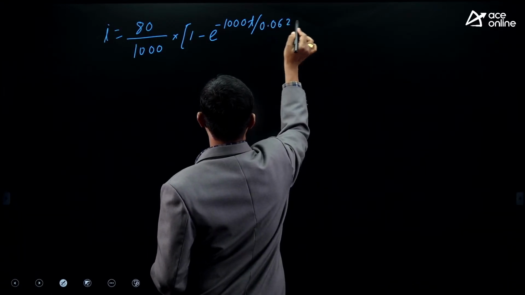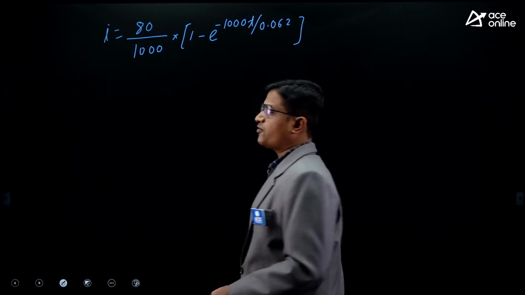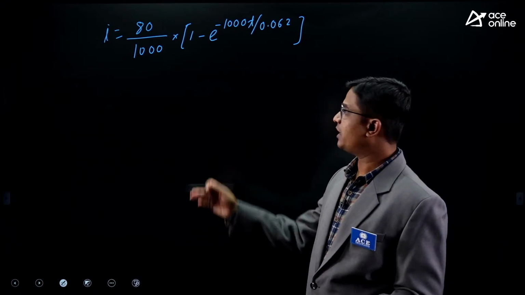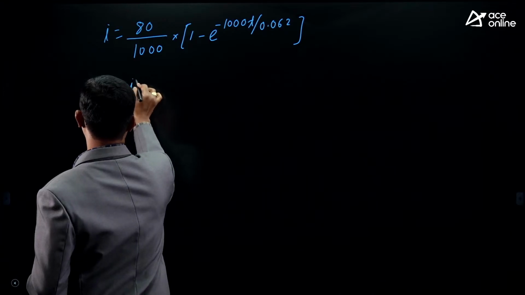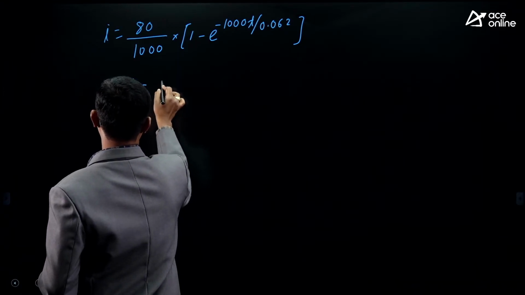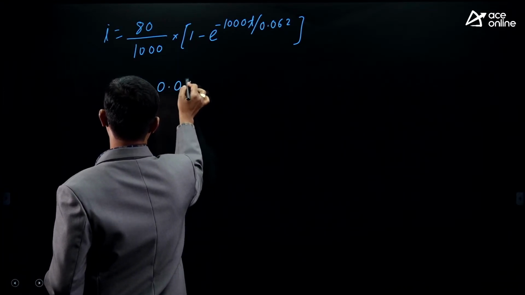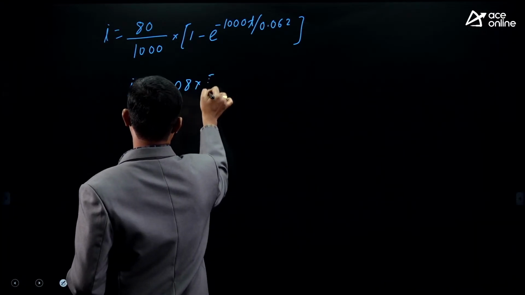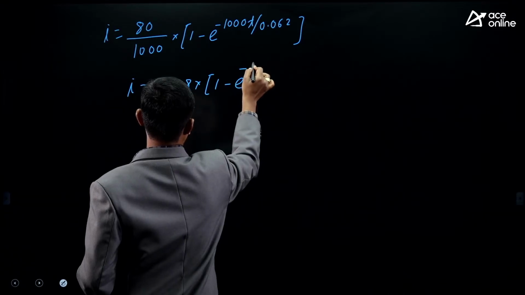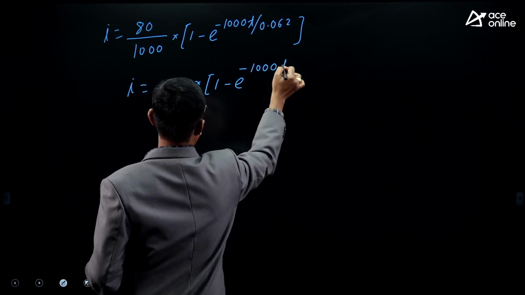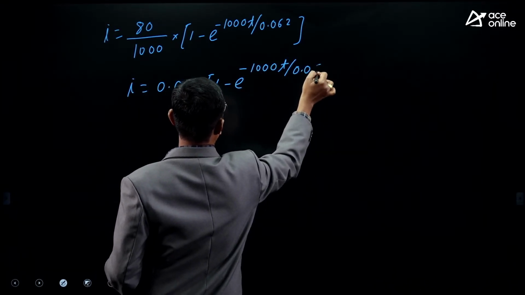This is the expression for current in a circuit. We can write it in fraction as well. So I equal to 80 upon 1000, that is 0.08 into 1 minus e to the power, I am keeping this as it is, minus 1000 into t upon 0.062.